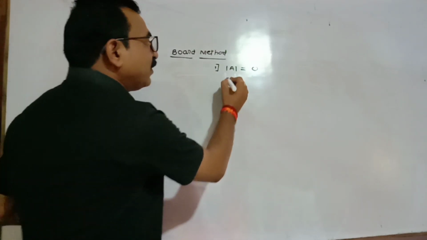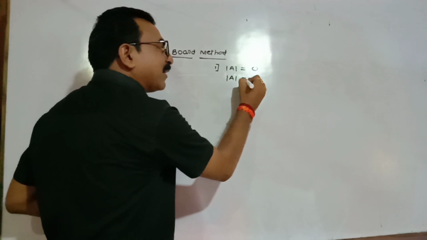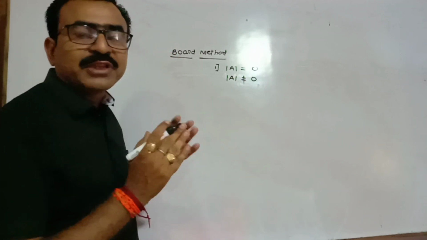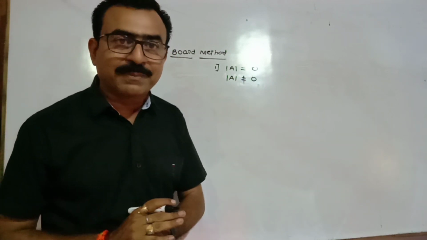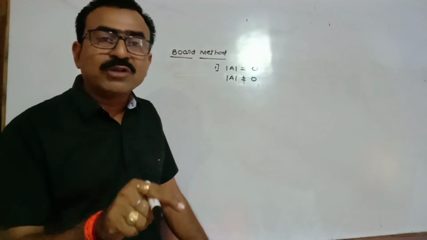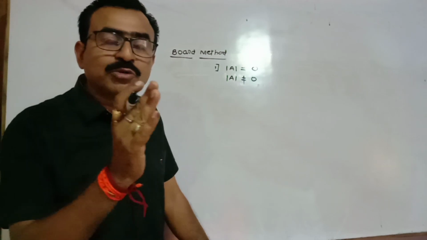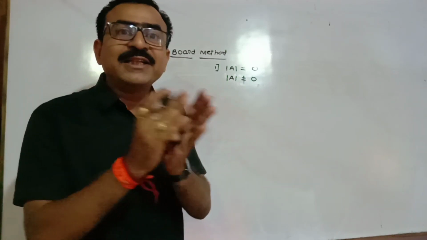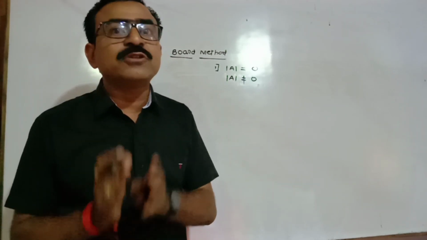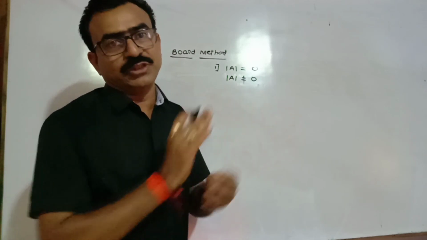Understood? If the determinant of the given matrix is not equal to 0, then the matrix is said to be a non-singular matrix, and if the matrix is non-singular, then its inverse exists. Means here you have to note one thing: for finding the inverse of any matrix, the matrix must be non-singular.